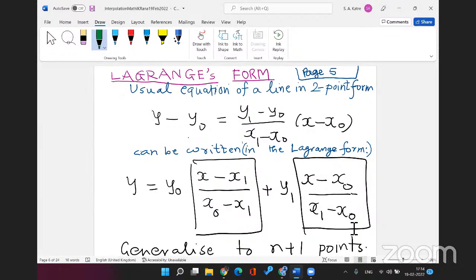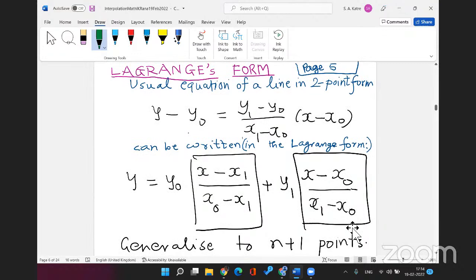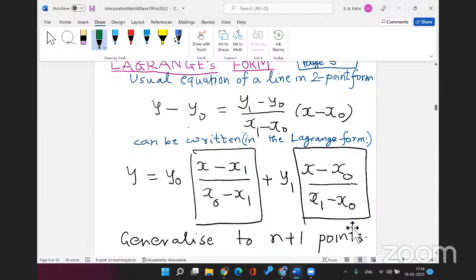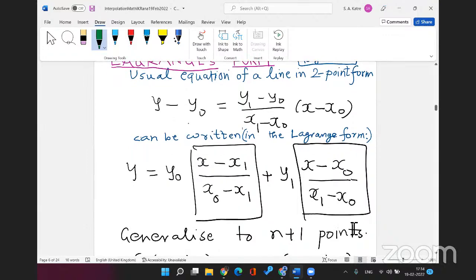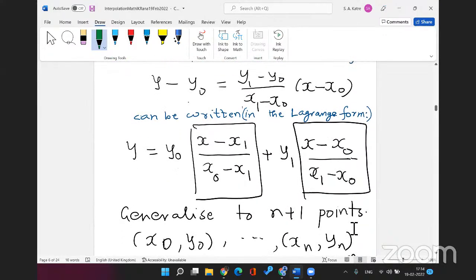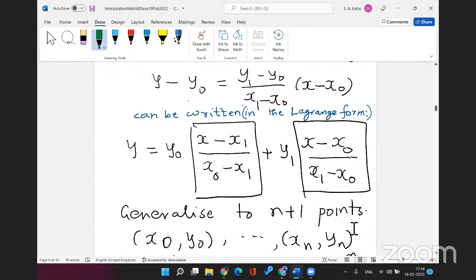This is the standard way in which we write the equation. And then if you rearrange this, you can write a combination of y0 and y1. So y equal to y0 into x minus x1 upon x0 minus x1 plus y1 into x minus x0 upon x1 minus x0. This is how you can rearrange and write.